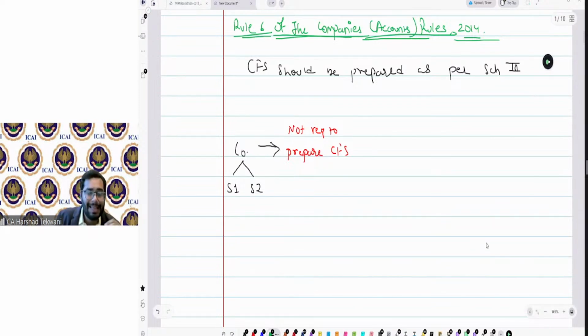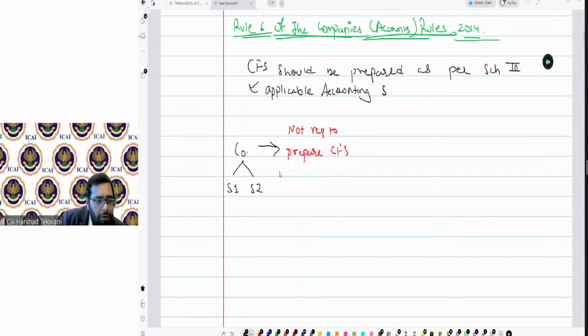in certain scenarios, yes, this is possible. See, Rule 6 not only talks about Schedule 3, it also talks about accounting standards. CFS should be prepared as per Schedule 3 and applicable accounting standards.